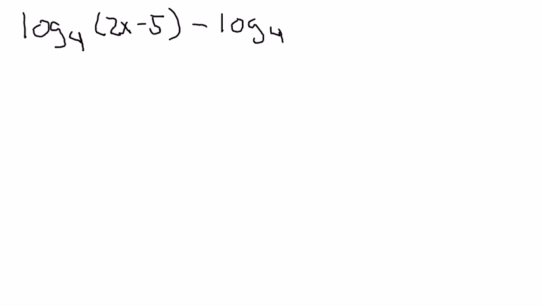Let's take a look at a log equation, because sometimes these get to be a bit of a pain. Let's say we have the log base 4 of 2x minus 5, minus the log base 4 of x plus 1, equals 1.